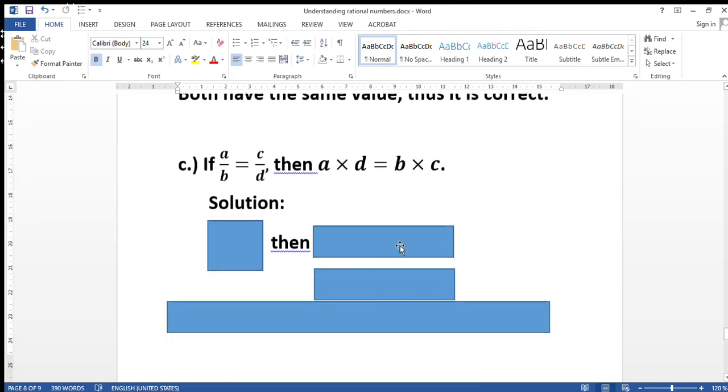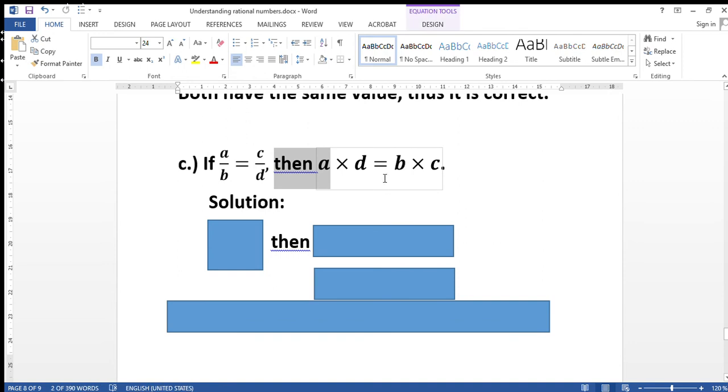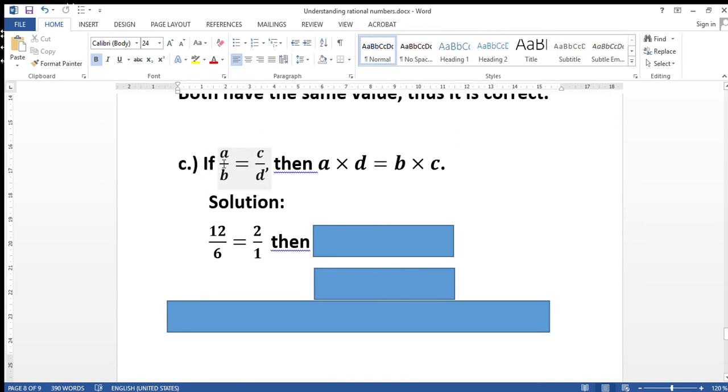Alright, next. If a over b is equal to c over d, then a times d is equal to b times c. So this is the cross multiply. We have a is 12, b is 6, c is 2, d is 1.